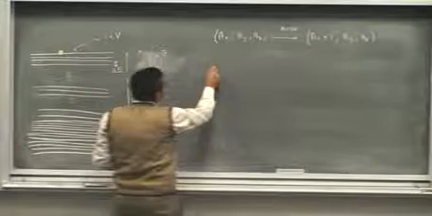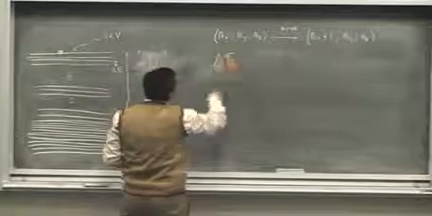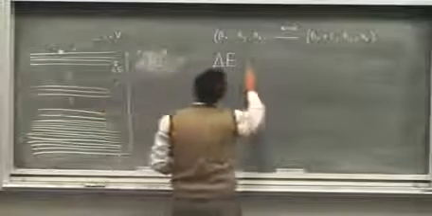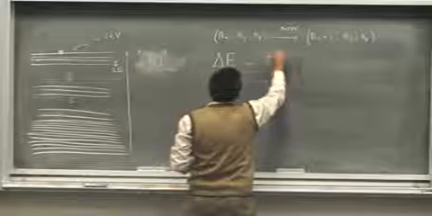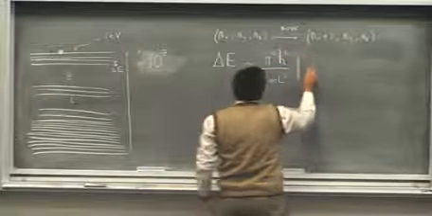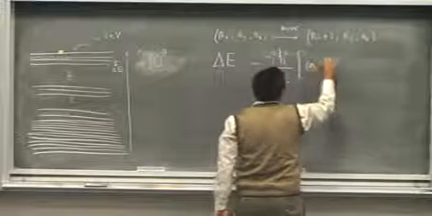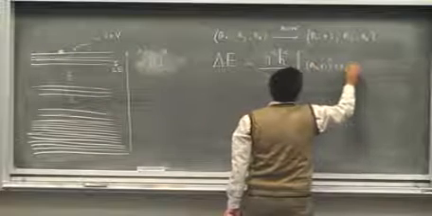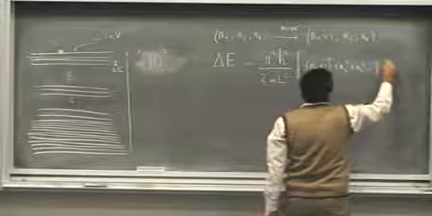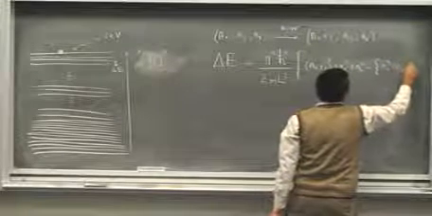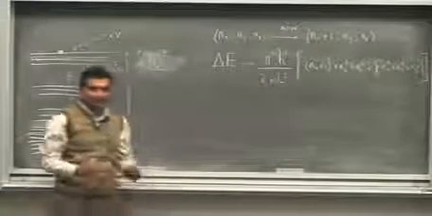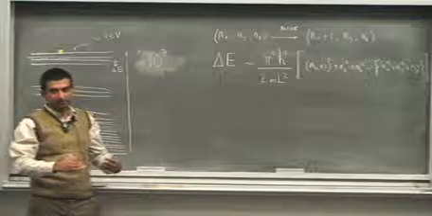So I have to find the difference delta E between two consecutive levels, and that difference will simply be of the order of pi squared h bar squared over 2mL squared, times nx plus 1 whole squared plus ny squared plus nz squared minus nx squared plus ny squared plus nz squared. Correct? This is the energy spacing between two consecutive levels.